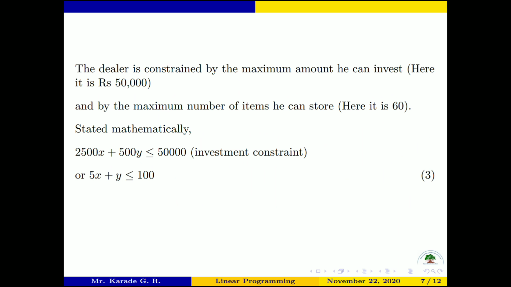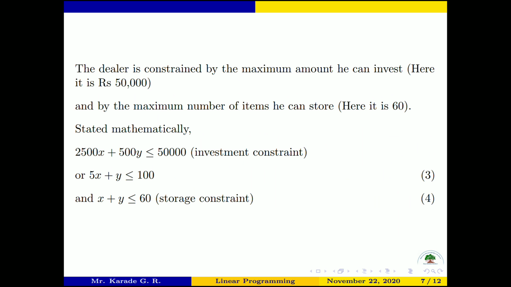If we simplify these constraints, just divide by 500, you will get 5x plus y less than or equal to 100, and x plus y less than or equal to 60. The number of chairs plus the number of tables must be less than or equal to 60, because it has only a storage capacity of 60 items.